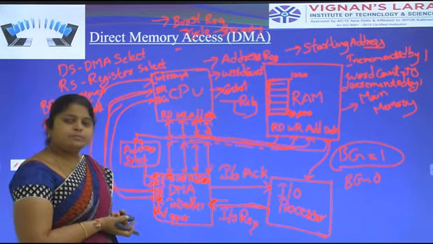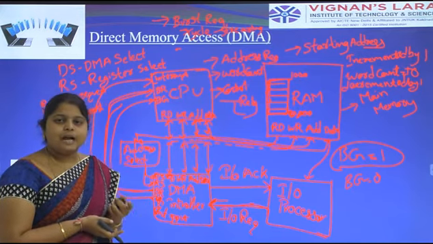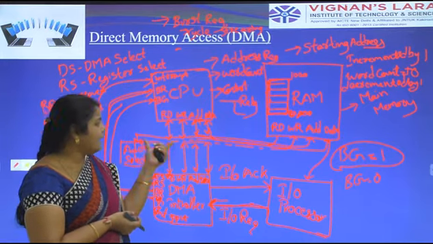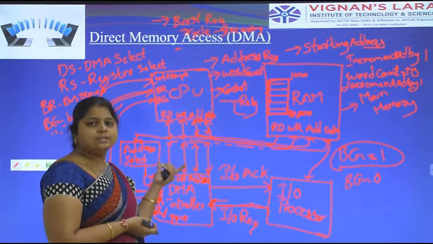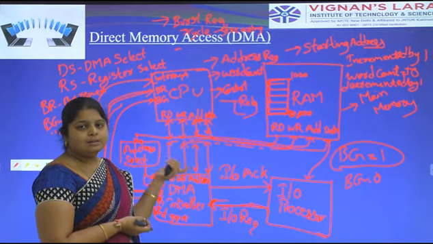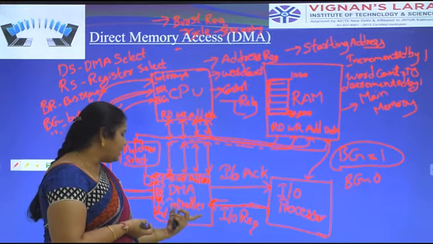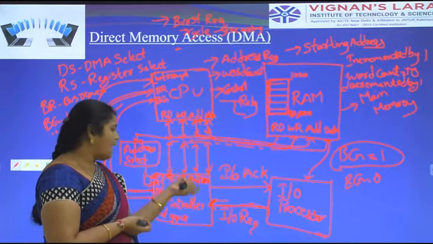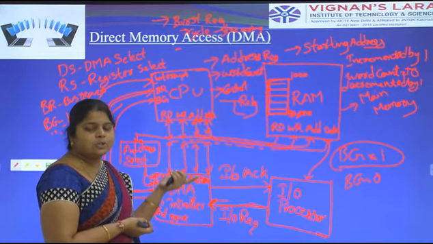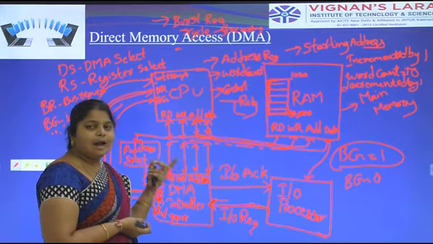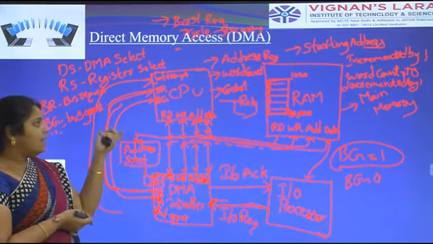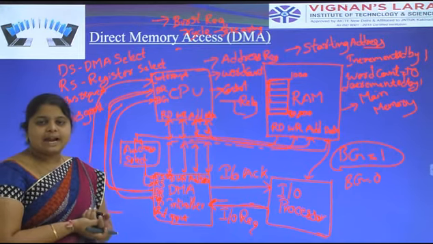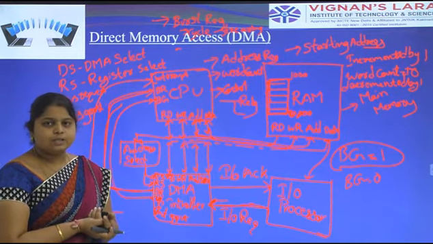Address means it holds the address of that device, and data means it holds the data of that device. Here direct memory access also contains read, write, address and data registers, and RAM also contains read, write, address and data registers. The direct memory access consists of three registers: address register, word count, and control register.